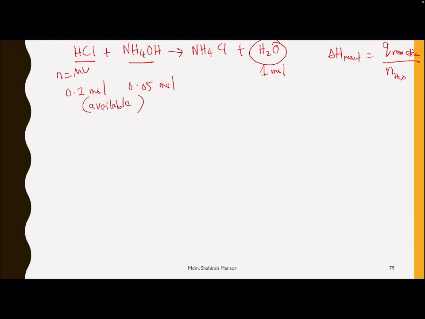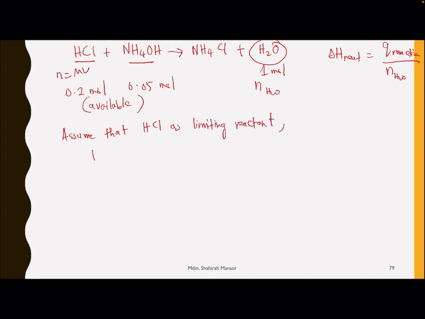In order to find the n of water, you can simply use the stoichiometric ratio with either of these two reactants. But before you do that, you have to find the limiting reactant. So let's find the limiting reactant first. Assume that HCl is the limiting reactant.